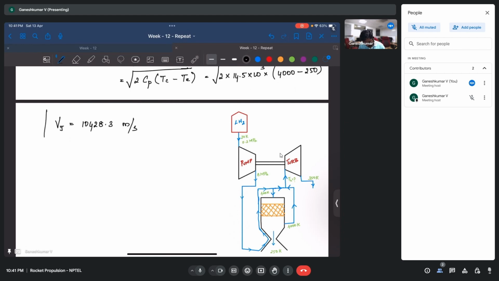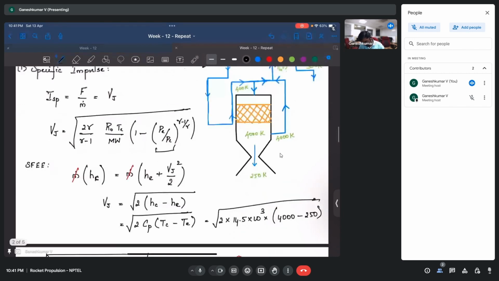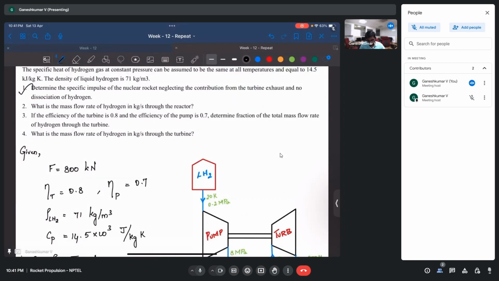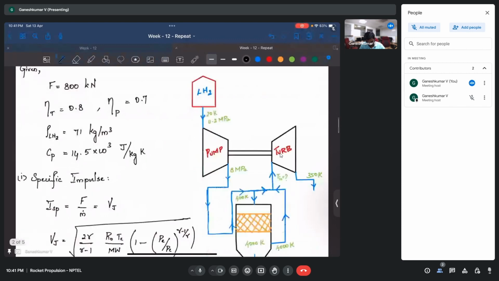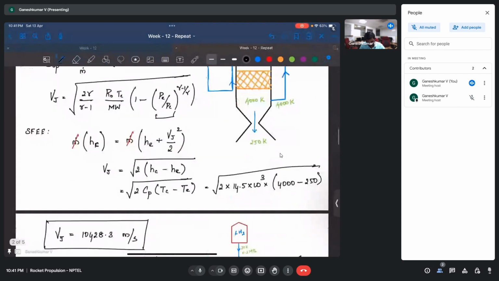Which is actually equal to Isp. Isp is also 10,428.3 meters per second, which is what we were asked to find out. All right, so we obtained Isp from the jet velocity relation.